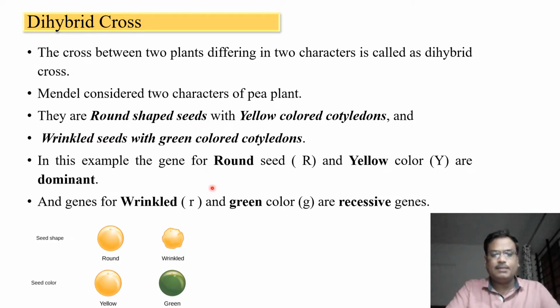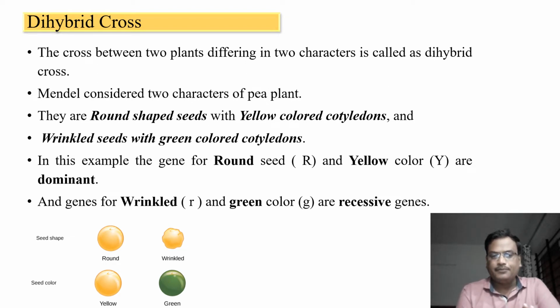So he selected a plant which is pure line, which is producing round shaped seeds with yellow color cotyledon. So now he is considering two characters. One is shape of the seed and the other is color of the cotyledon.